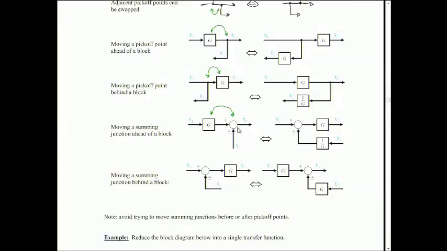So to get the correct output of the summing junction, I needed to put 1 over g in this path. Because then x2 divided by g gets added to x1 multiplied by g to give x3 again. This signal should be the same as this signal.